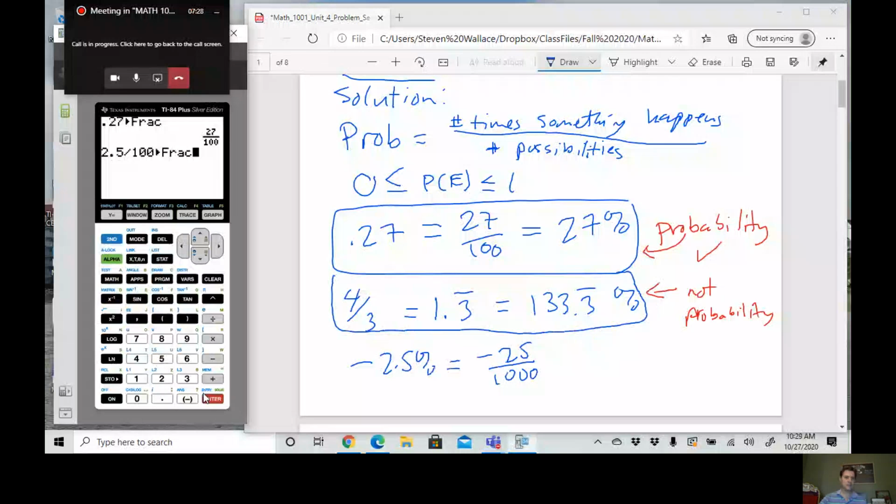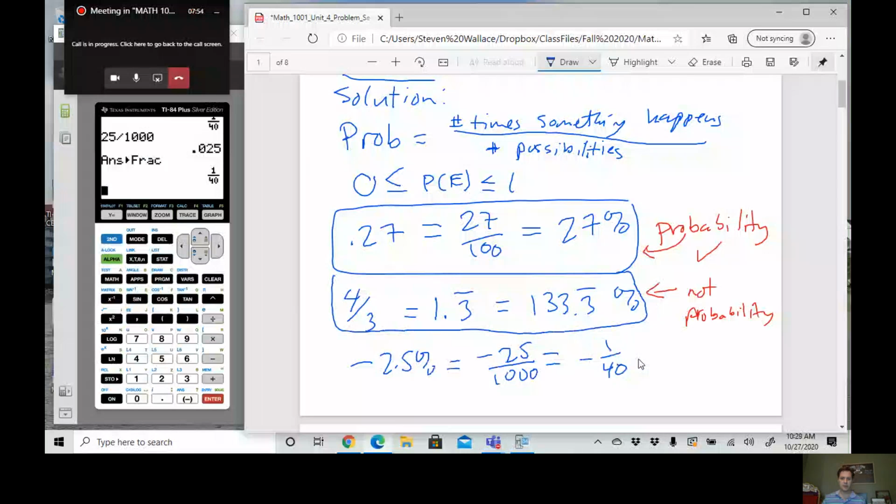As a reduced fraction, I could write that as negative 1/40th, or 25 over 1,000. Okay, that's the same number. So your calculator will give you the reduced fraction and the decimal if you need it.